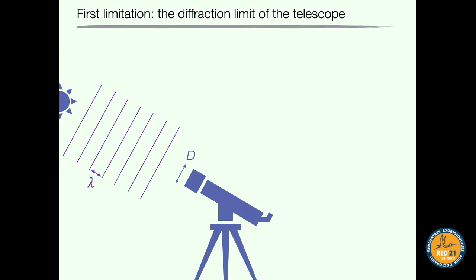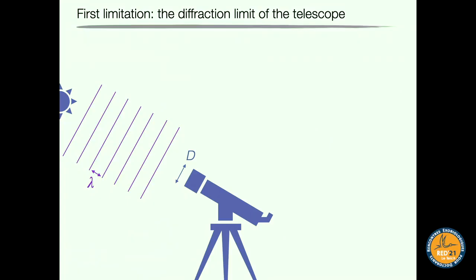It's basically due to the fact that light is photons, but it's also a wave. And because it is a wave, when it enters the telescope, there will be a process called diffraction that will tend to change the path of the light, and so it will change the image that we see from the source.